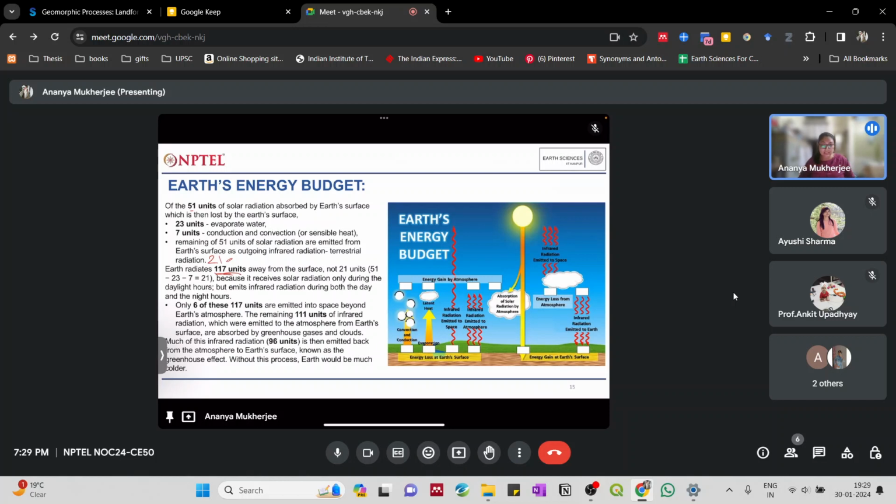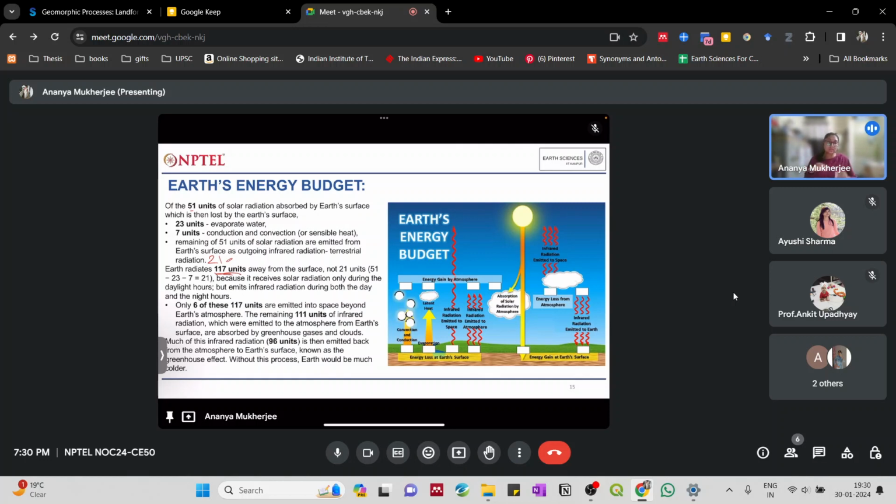So then we understand that the remaining 111 units of the infrared radiation that is emitted from the Earth's surface is actually absorbed by the greenhouse gases and clouds that are there in the atmosphere.